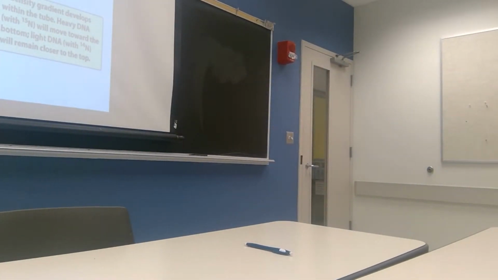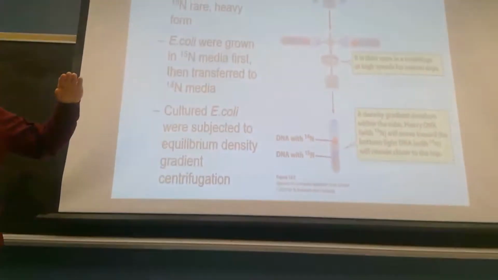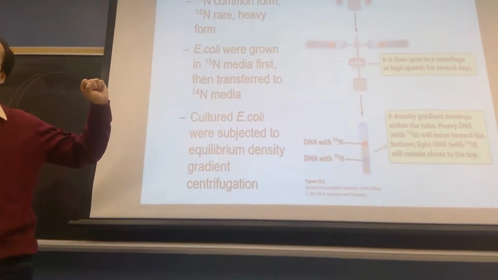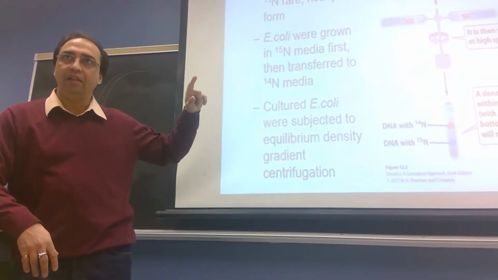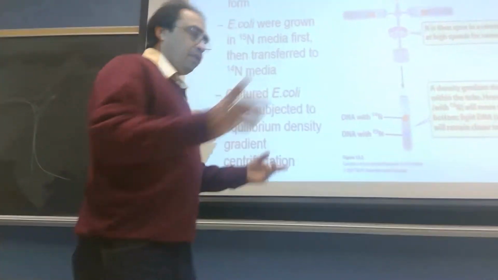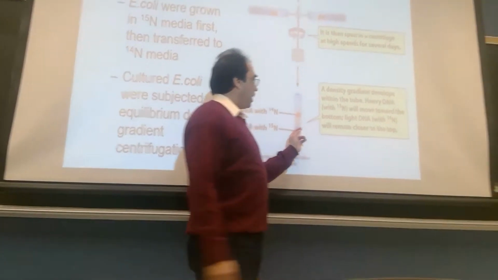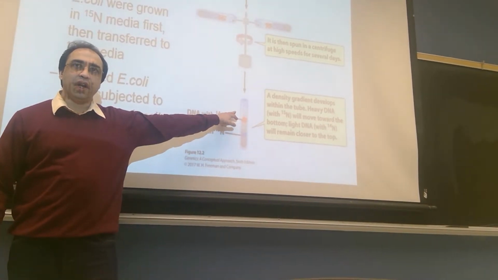And the principle is that during centrifugation, you will always get the heavier material at the bottom, based on the force you are applying. Heavier materials go to the bottom. So 15N nitrogen is heavier than 14N.